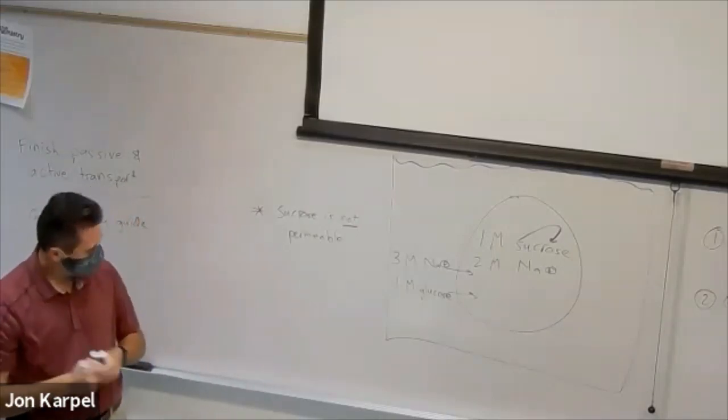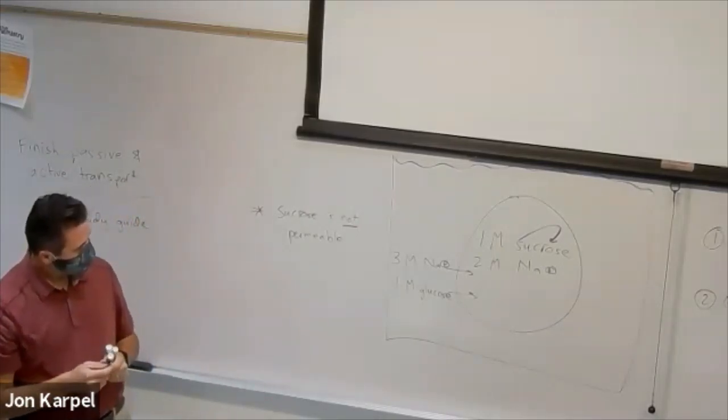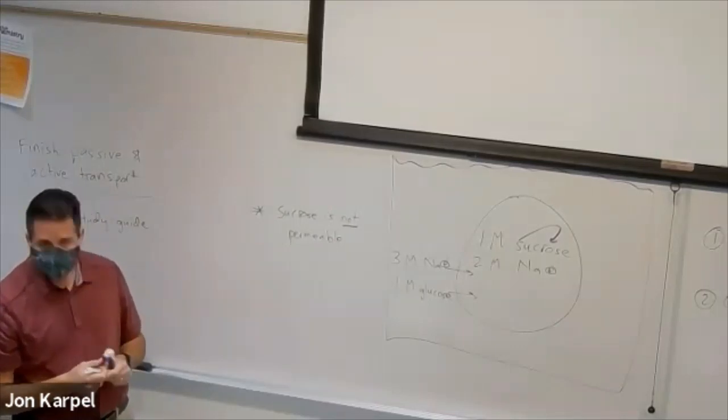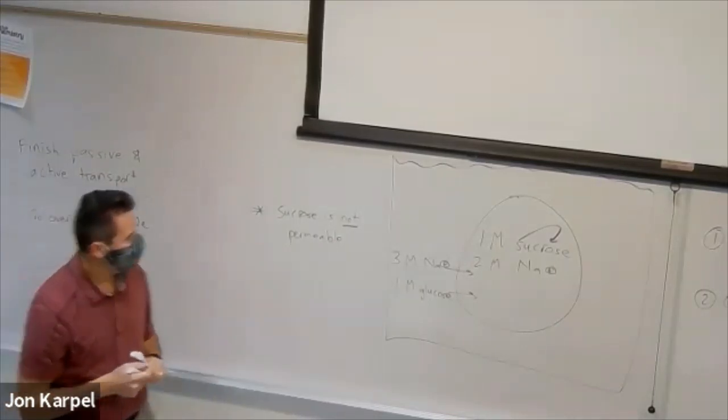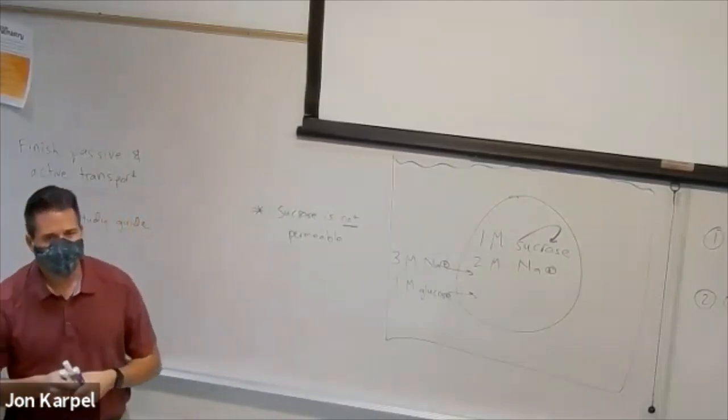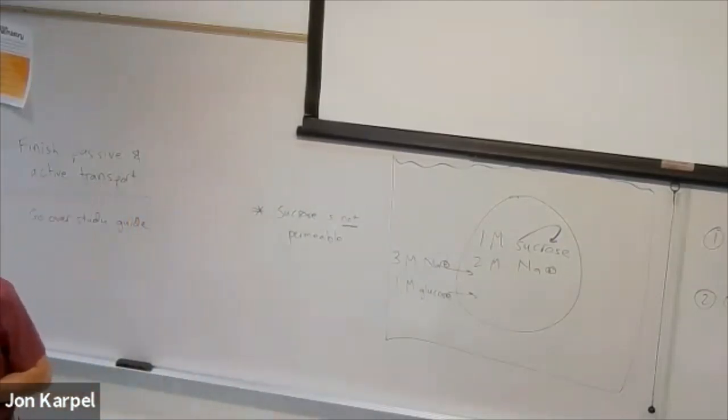And then what about water? What do we do? Okay, well we have to show our work, right? So what do we have to figure out? If water follows its own concentration gradient, according to passive rules, what do we need to figure out? Where do we have more free water?